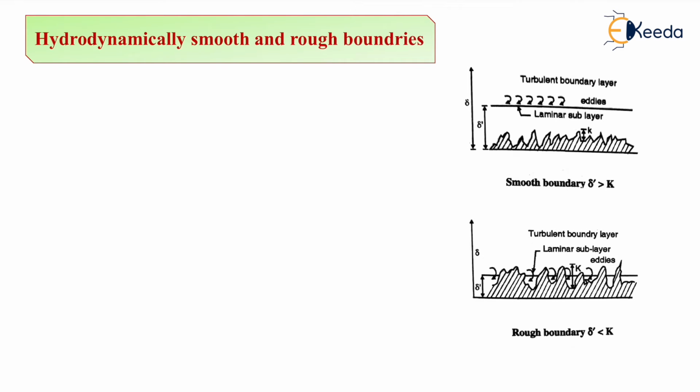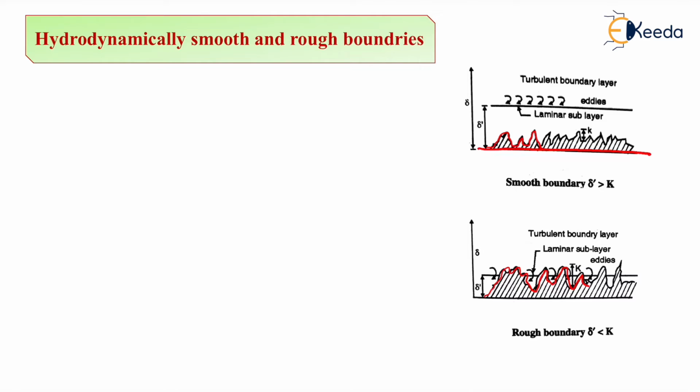Say this is the surface, and these are the undulations which are shown by the hatched line in the figure. These are having some height from the base or flat surface. Practically speaking, both the surfaces have some roughness, but hydrodynamically I can differentiate the two types of plates.